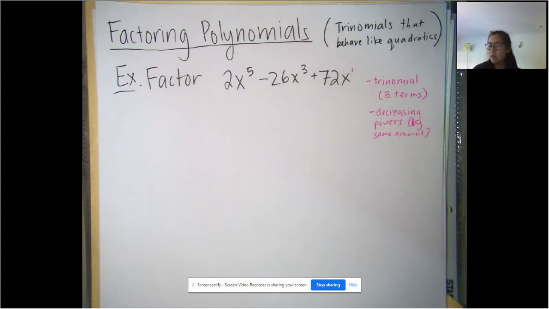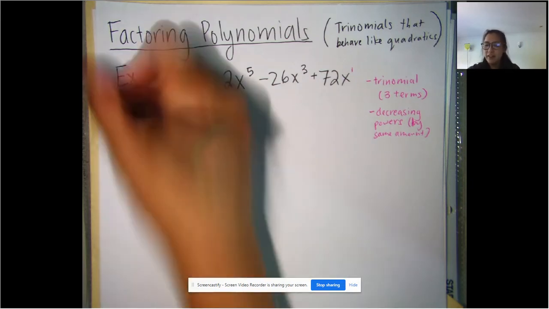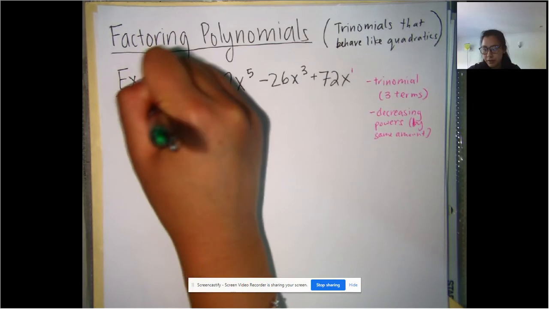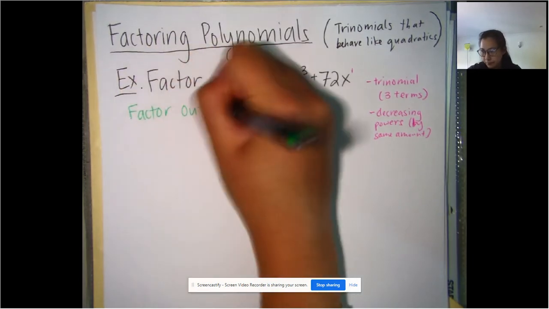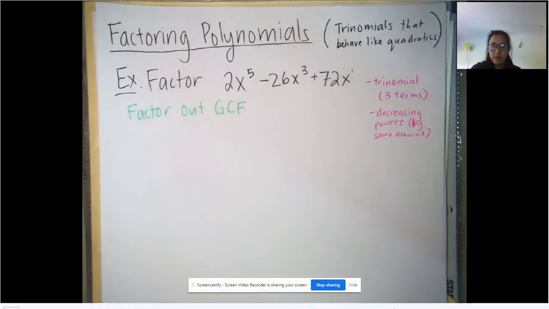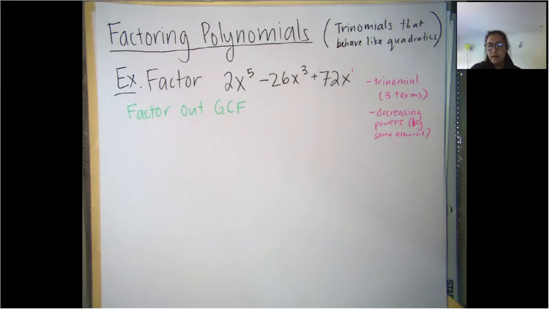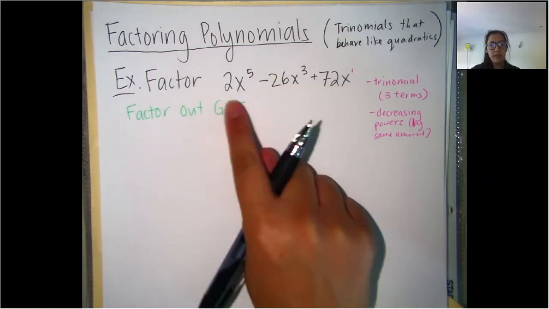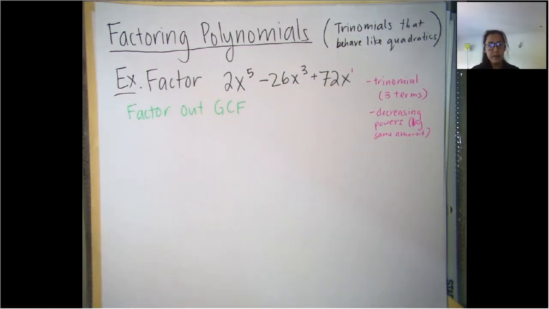Okay, so no matter what, the first step when you're factoring, you should always be doing what? Factoring out the GCF, of course. Okay, so your first step is to factor out the GCF. And so what is the GCF? Well, I see that each of them has an x, so there's at least one x that we're going to be factoring out.